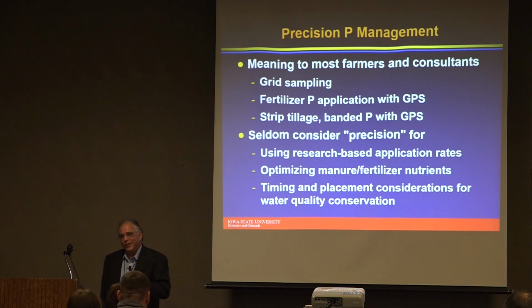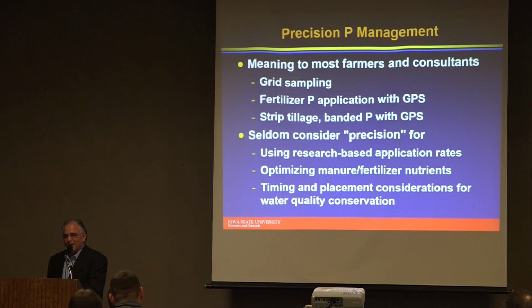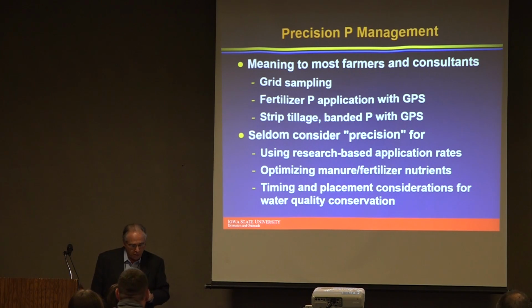But there are other things. Some pay attention to these things and don't pay attention to others that may be as important or more important in relation to precision of nutrient management.